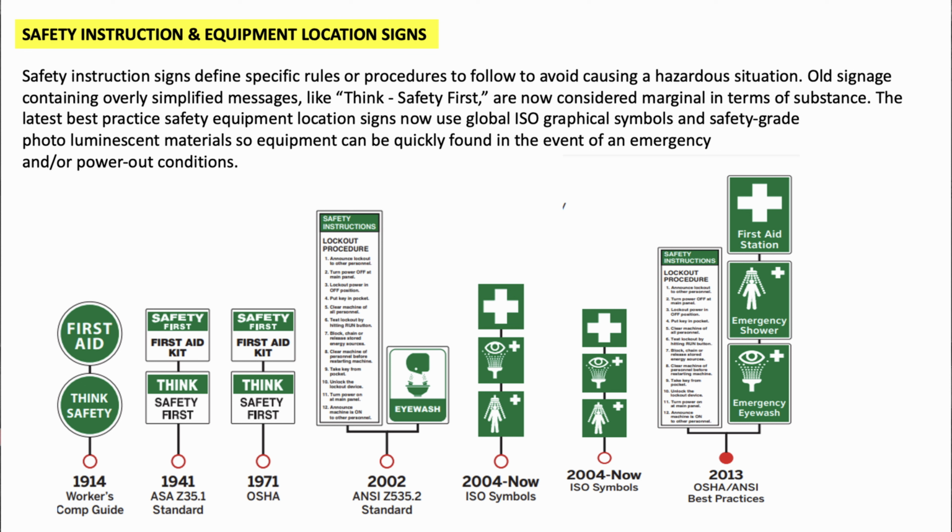In 2002, the ANSI Z535 standard came again and signages were amended. Now in 2004, the ISO symbols came and modified the old signages, and graphical symbols started being used in safety signs. Going forward, in 2013, the signages were amended according to the ISO, OSHA, and ANSI standards.